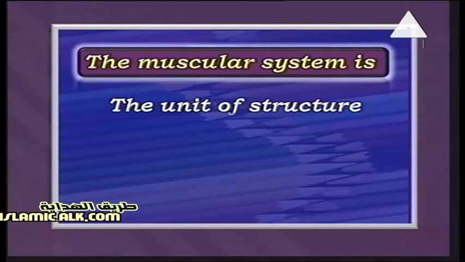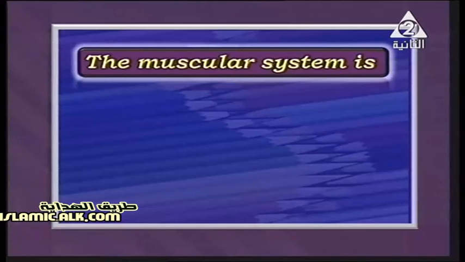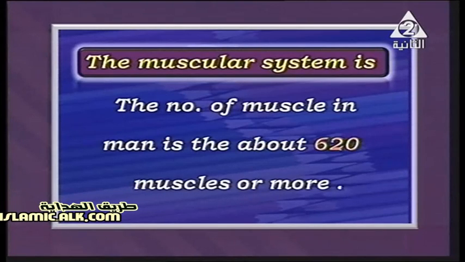The muscular system, the unit of it is called the muscle cell. We have a number of muscles inside our body, about 620 muscles or maybe more.